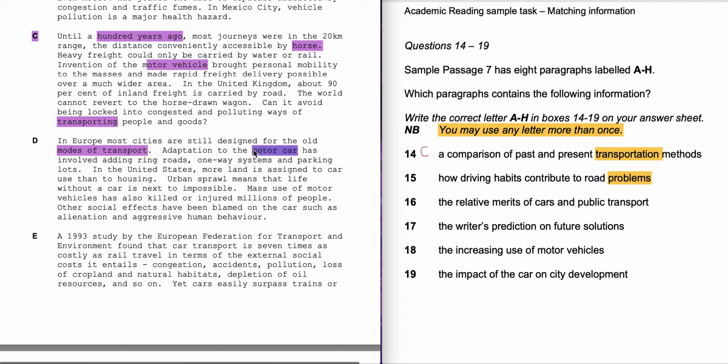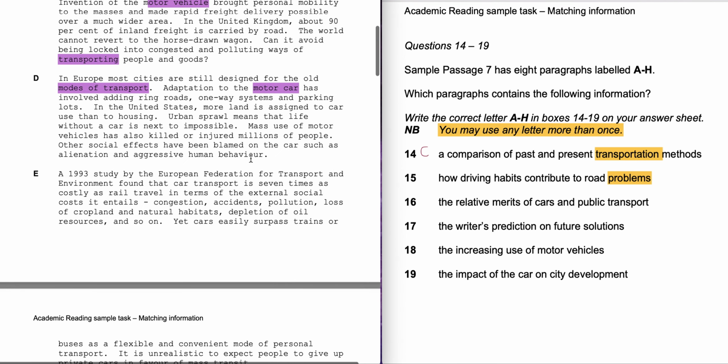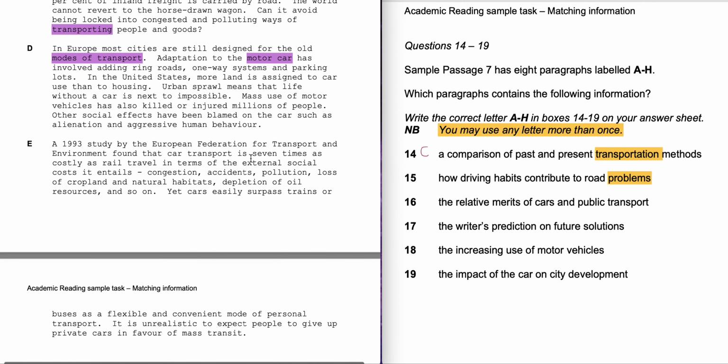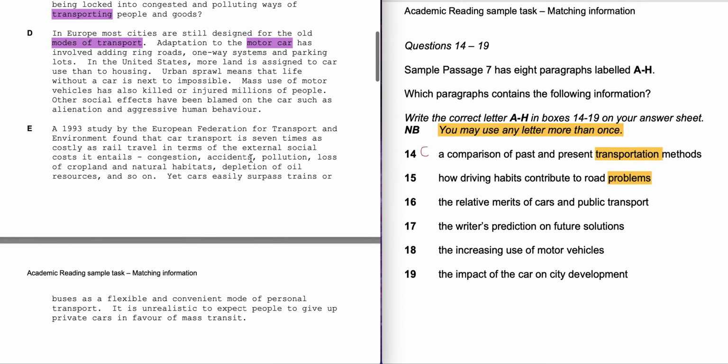We can highlight it, but nothing about problems. So text E: a 1993 study by the European Federation for Transport and Environment found that car transport is 7 times as costly as rail travel in terms of the external social costs.